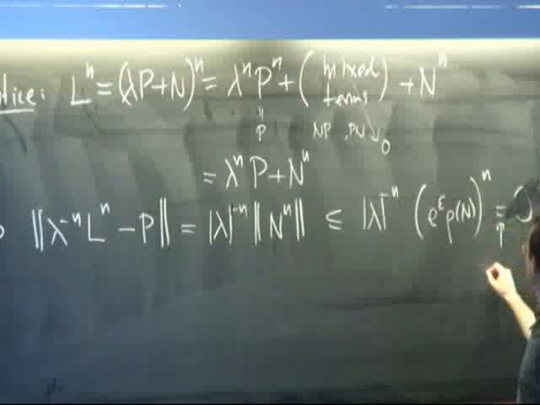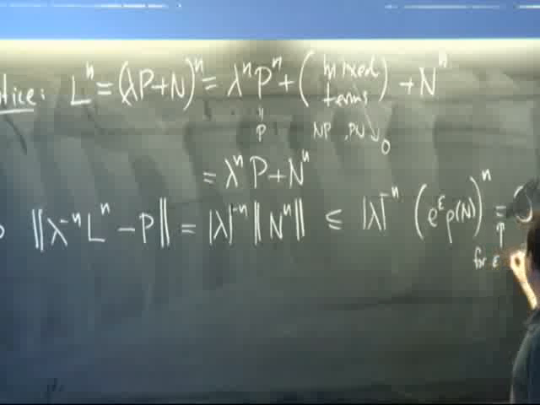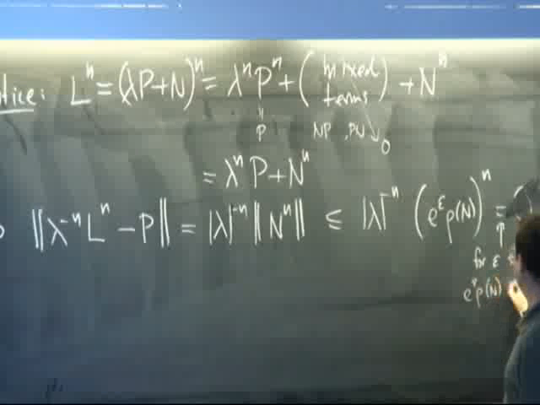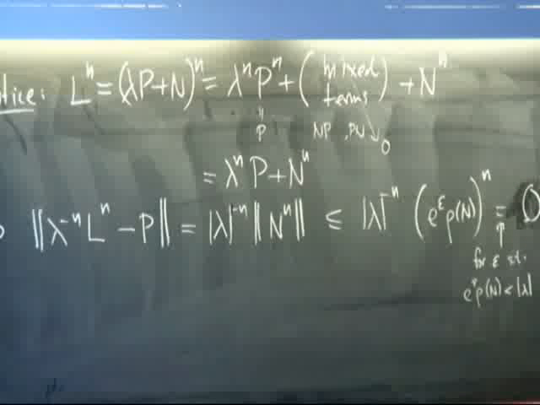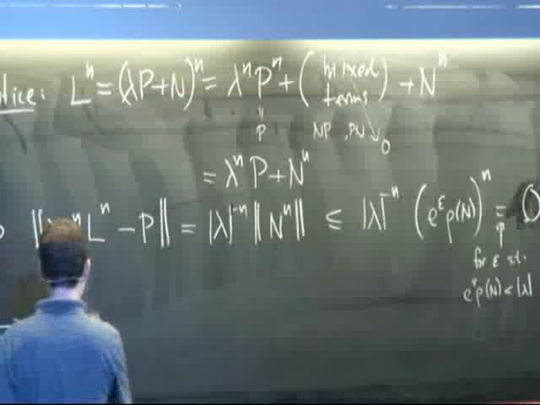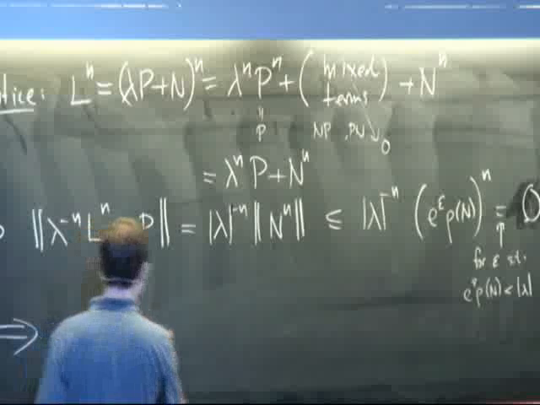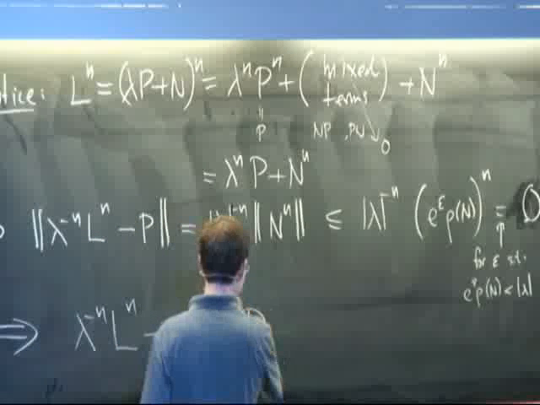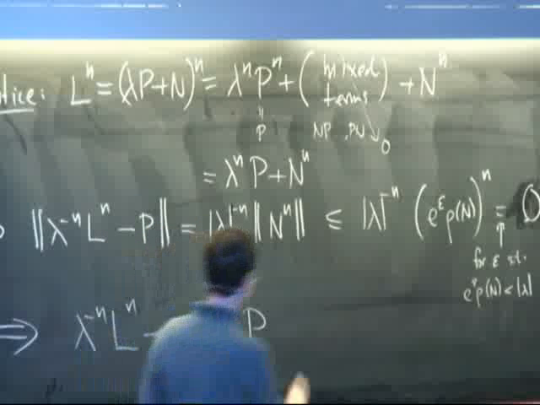Because we can always choose epsilon such that e to the epsilon rho n is less than lambda, this will be exponentially small, for some theta between 0 and 1. In other words, if you have spectral gap, then you know that lambda minus n L to the power n converges very fast to a limit, exponentially fast.